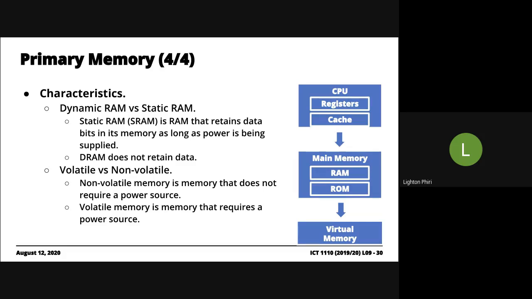In the case of static RAM, the idea behind ensuring that there's a constant supply of power is because the capacitors associated with the memory itself will usually lose their charge. And so you want to ensure that there's a constant supply of power so that they maintain that charge. Dynamic RAM, on the other hand, doesn't necessarily require you to supply electricity constantly, right? So it can maintain data that's located within it.